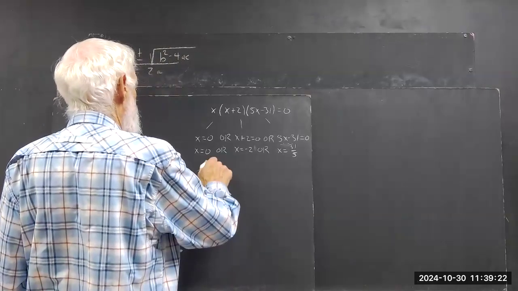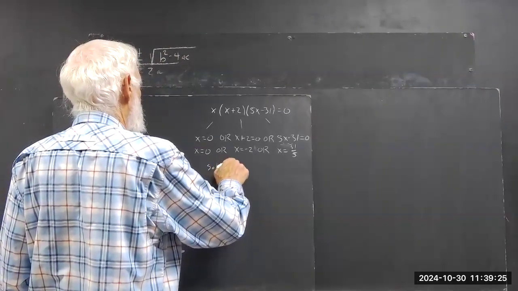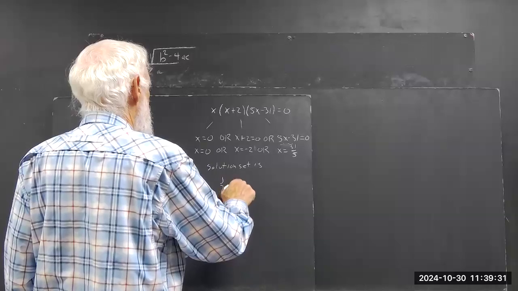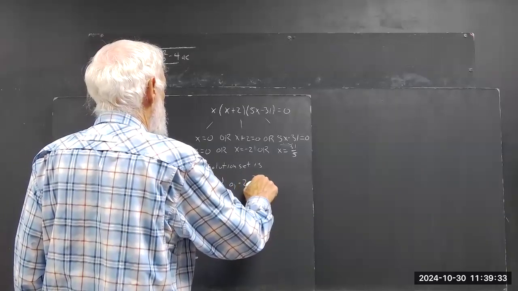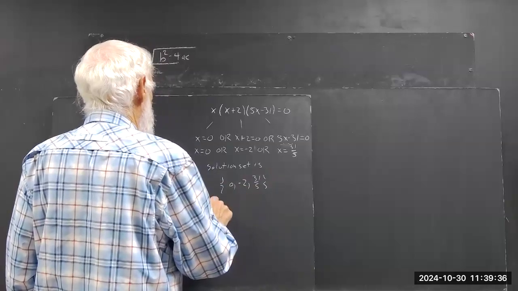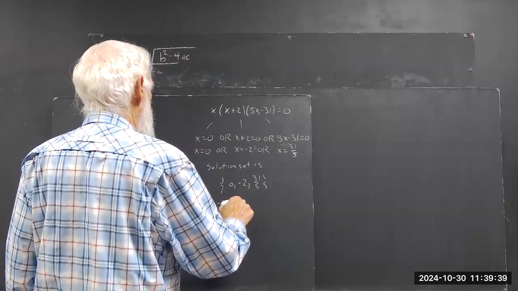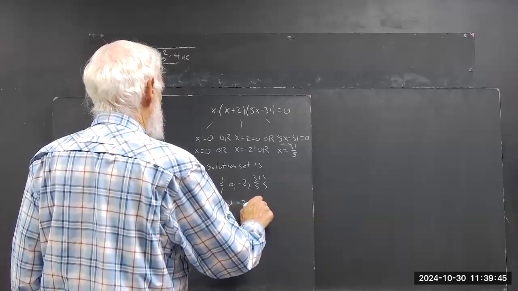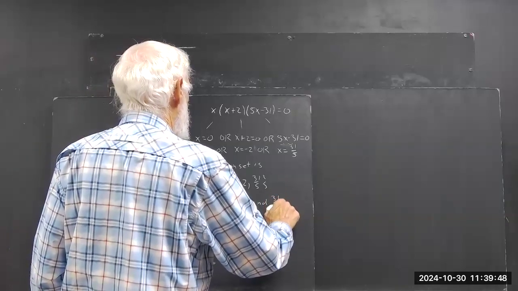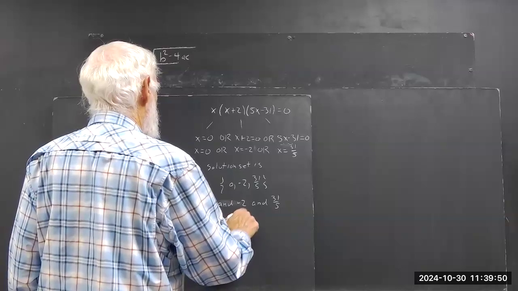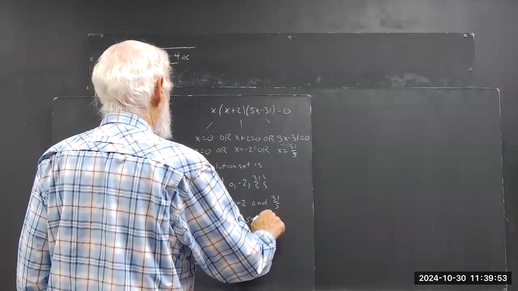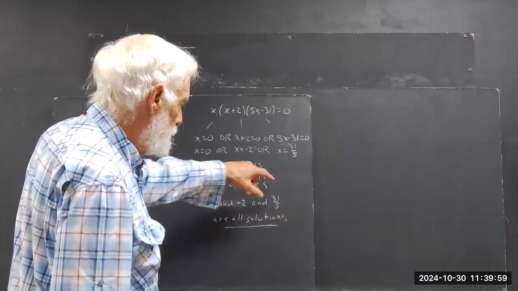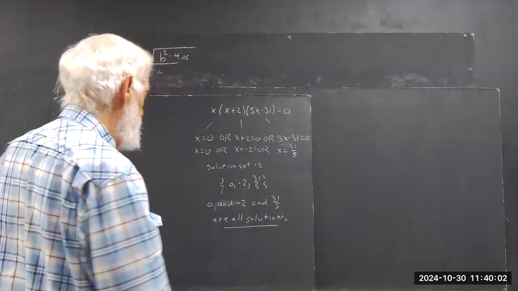So the solution set: 0, -2, and 31/5 are all solutions.